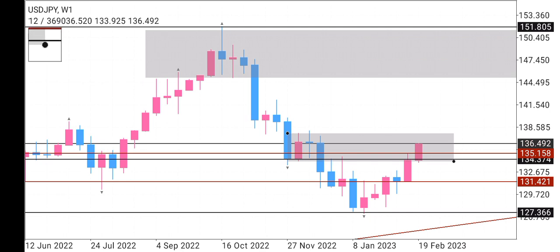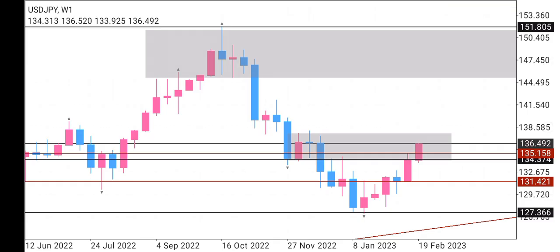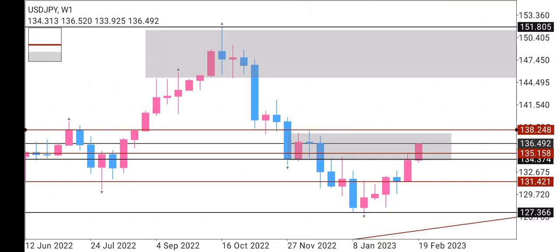which I always mark on the weekly, because it's very important. On the higher time frame, the weekly is very important because it means a lot. It gives so much information on the lower time frame.